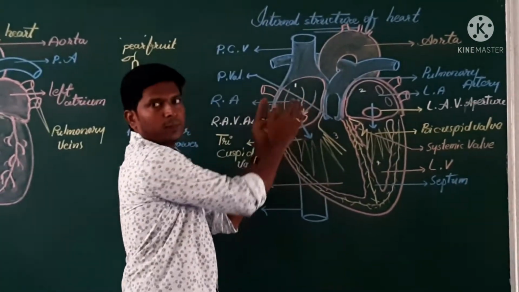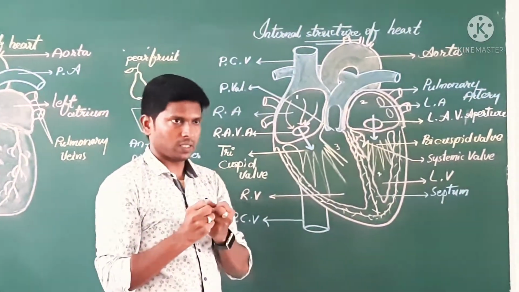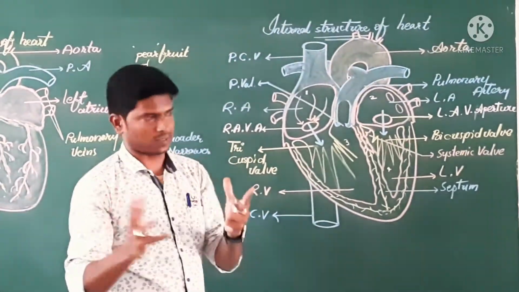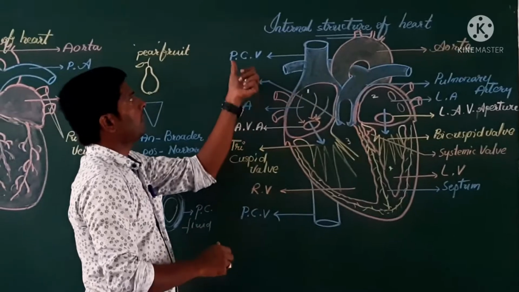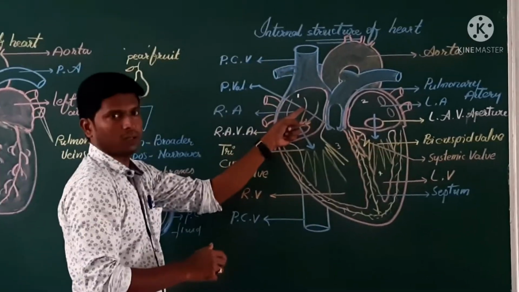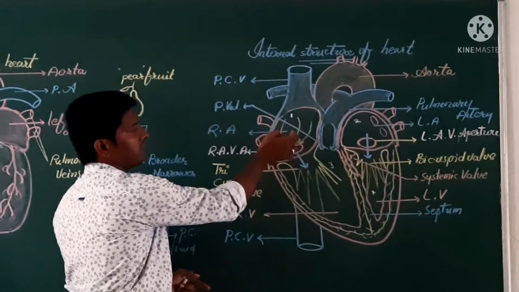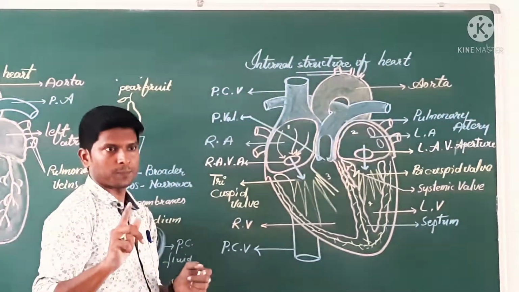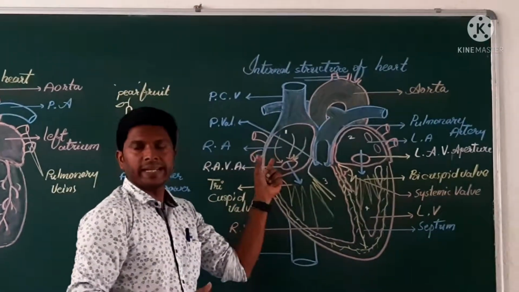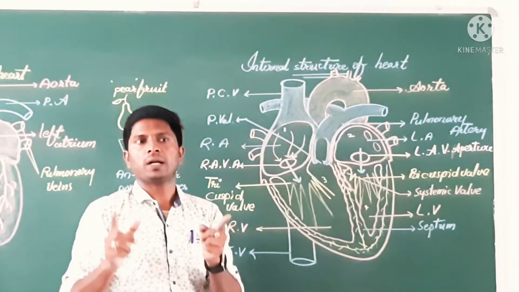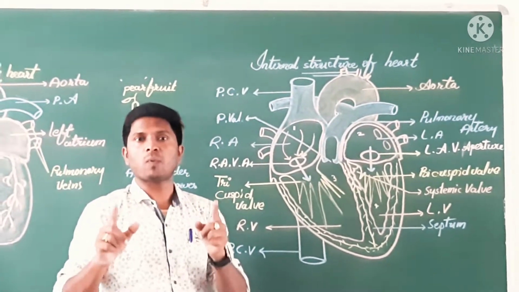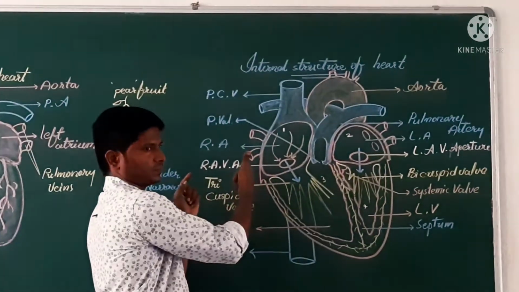The right atrium receives blood from all body parts with the help of the pre-caval vein and also the post-caval vein. The right atrium receives deoxygenated blood from all body parts.